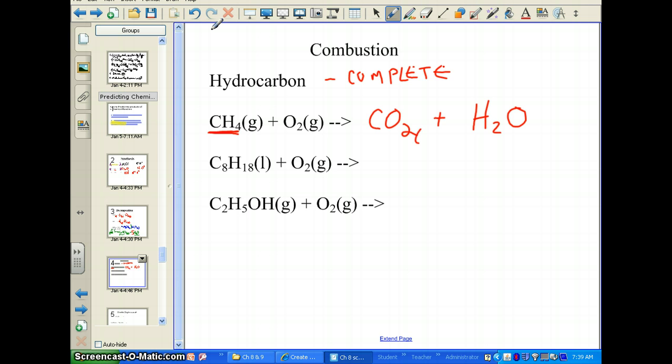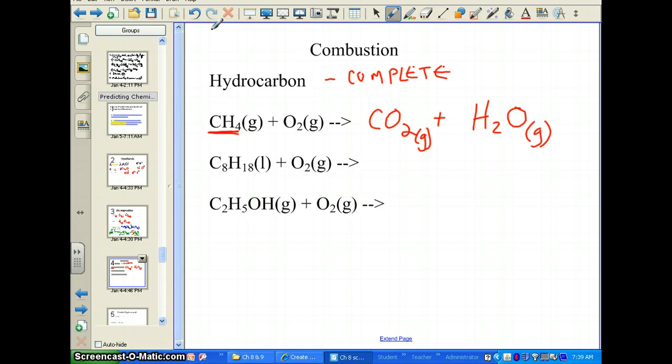They'll be in the gaseous state because all complete combustions produce a lot of heat. So I could even write the word heat on the product side. I'm not going to do that now. That would be a sign of an exothermic reaction, when heat is produced. But in this case, water and CO2 are produced.